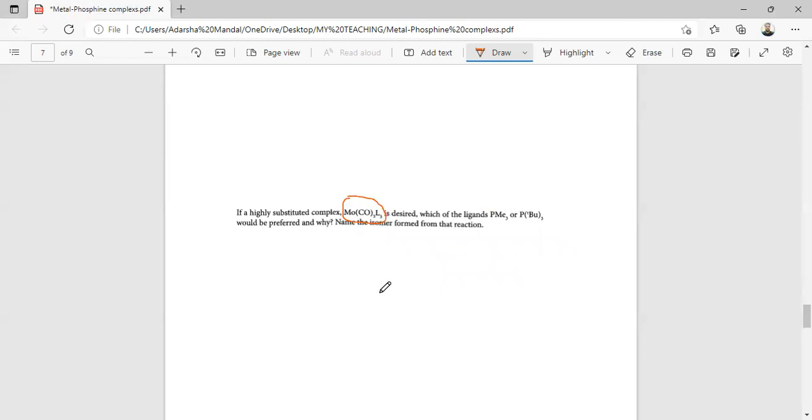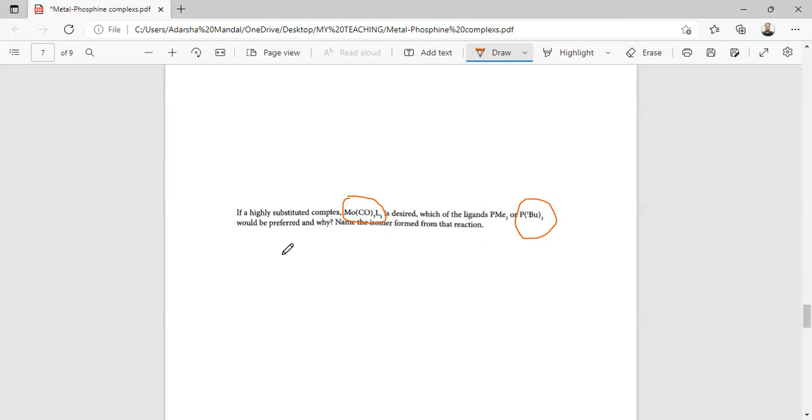The phosphine ligand with more steric bulk will disfavor the formation of this complex. So between PMe3 and P(tert-butyl)3, this one has more cone angle, which means it creates more steric bulk around the metal center.